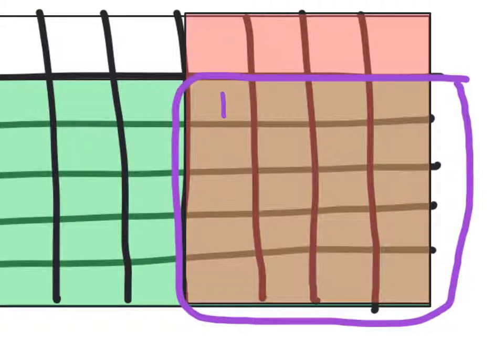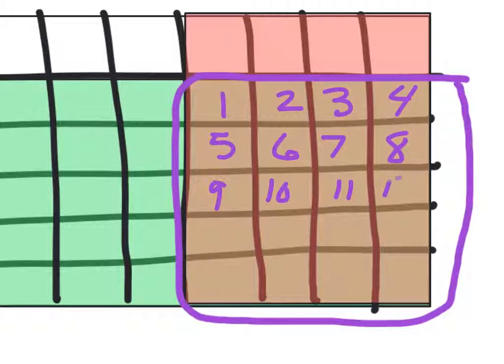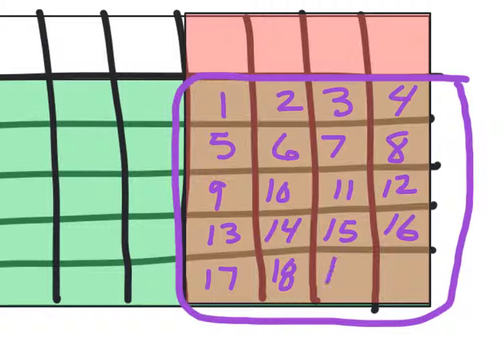And we got 1, 2, 3, 4, 5, 6, 7, 8, 9, 10, 11, 12, 13, 14, 15, 16, 17, 18, 19, and 20, right?